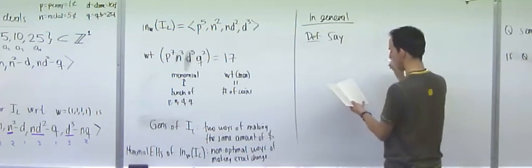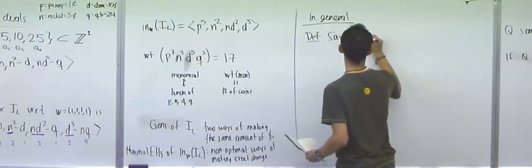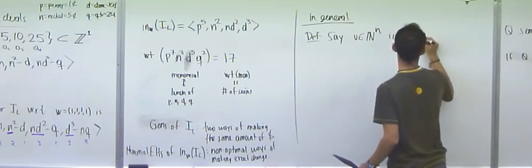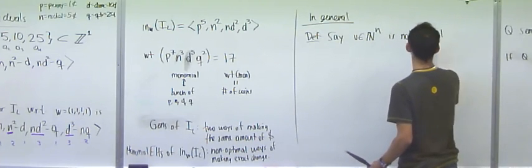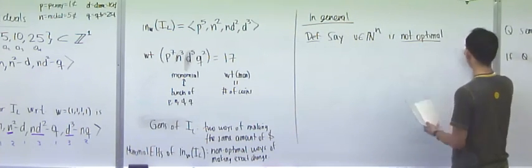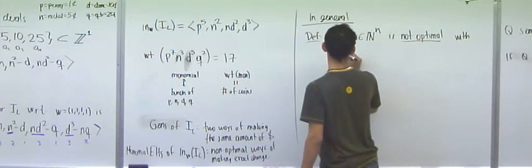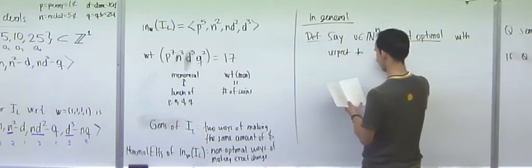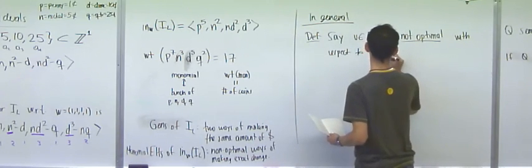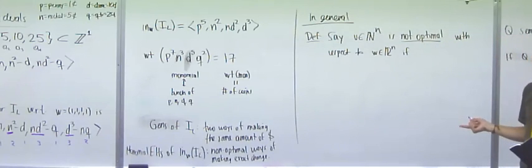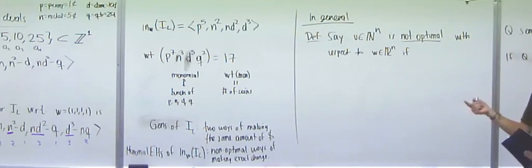Say that some vector is not optimal with respect to my weights if there is basically a cheaper way of making that exact change.